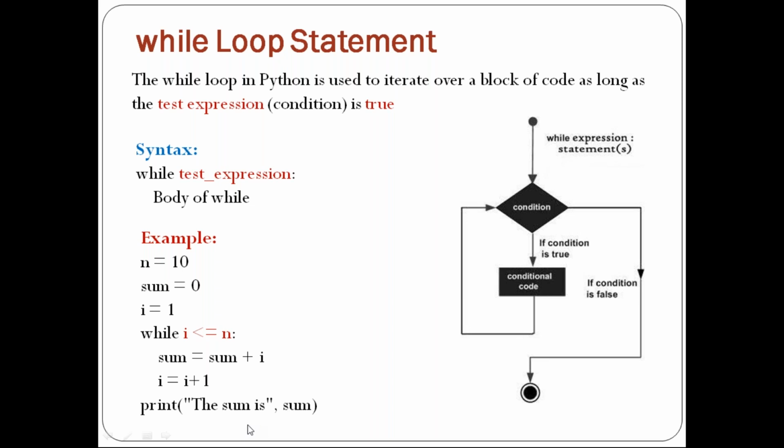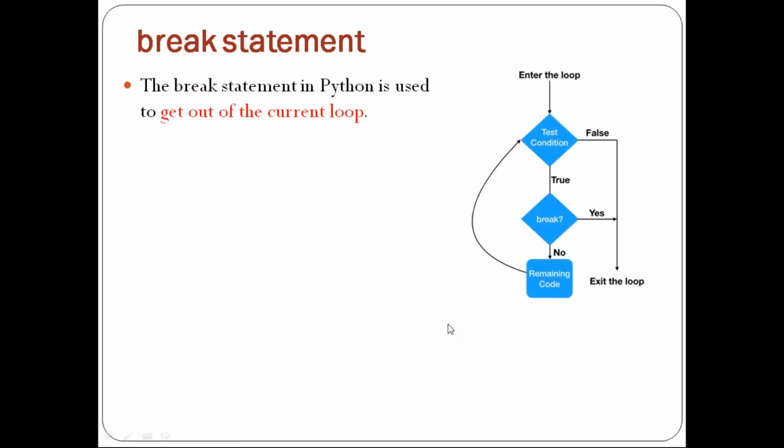Next, we have the break statement. The break statement will be used to come out from the current loop. And this break statement can't be used outside the loop; it has to be inside the loop only. If you use the break statement outside the loop, then you will get a syntax error, 'break outside loop'.